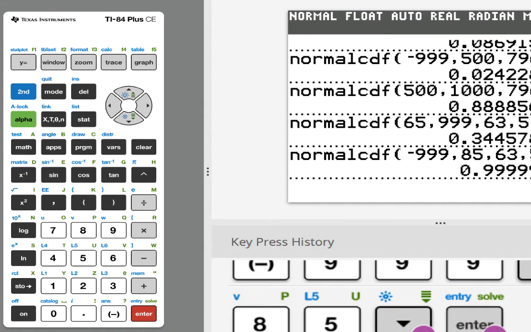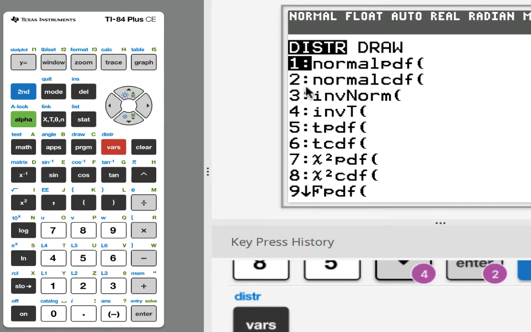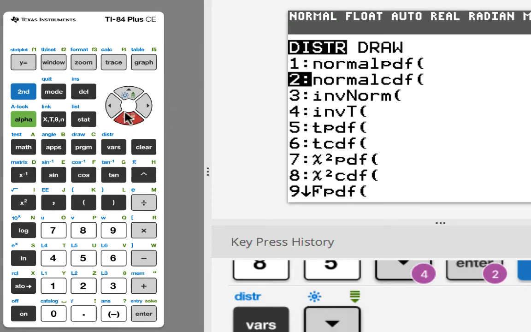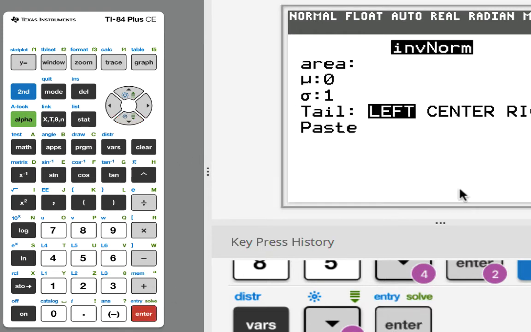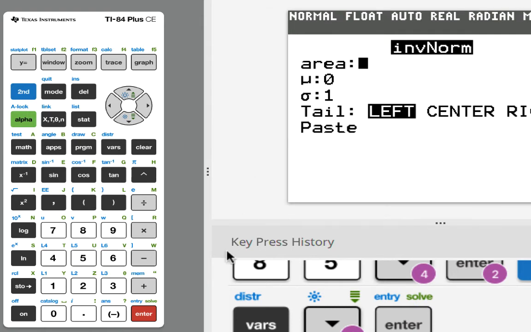And once again, do second and vars. Now this time we go to the number 3. Take the cursor to number 3 and then you press enter. Now here is the area. Area which we always put over here, guys, is the area to the left of what we are looking at. And we're given the 90th percentile, so it's 0.9. That's what it means.